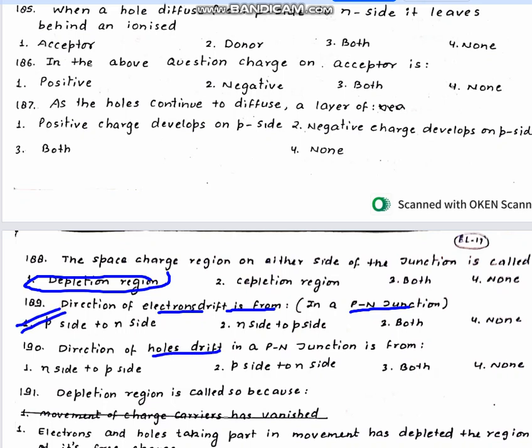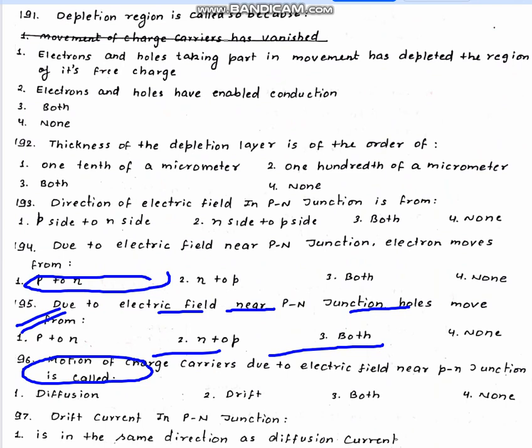Next, the direction of hole drift in a p-n junction: holes diffuse from p to n, so drift will be from n to p side. First is correct. Next, the depletion region is so called because it is depleted of free charge. There are no free charge carriers, so it has very high resistance. So first is correct.